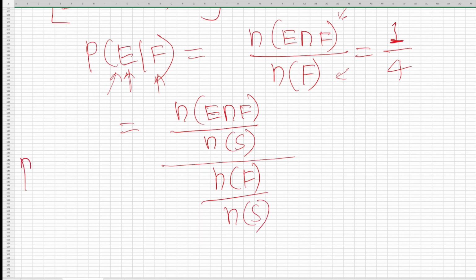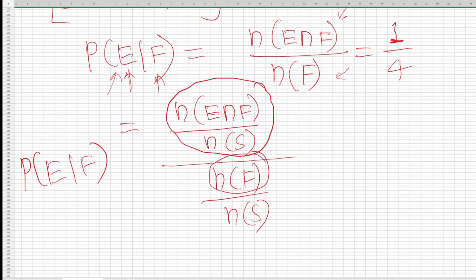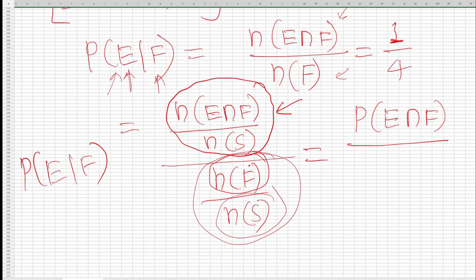This is what we did while calculating P(E) and P(F). Fundamentally, it is the number of elements favorable to the event divided by the number of elements of the sample space. So by definition this is the probability of E common F, and this is the probability of F.